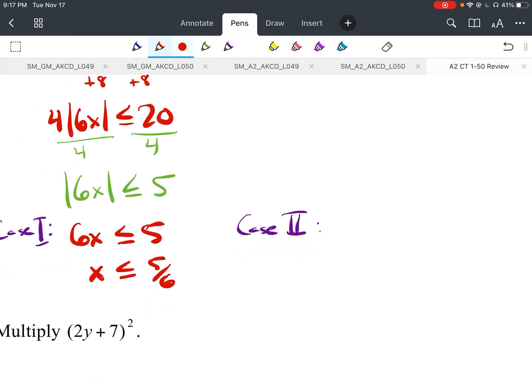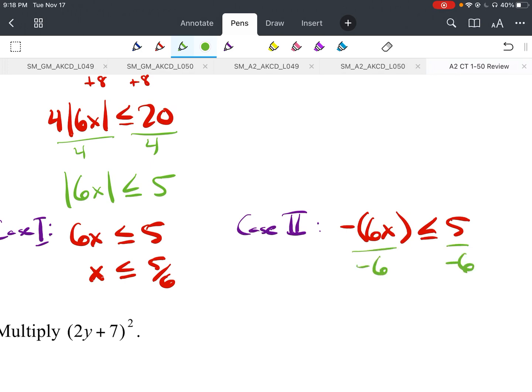Well, this is the case in which whatever was in there was negative. So I'm just going to do, remember to bend the parentheses? This is 6x, but put a negative out front, is less than or equal to 5. If you follow this, you won't make a mistake with it, okay? So now how do you solve this? This is just negative 6, so just divide both sides by negative 6.